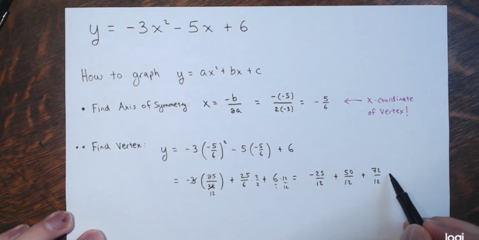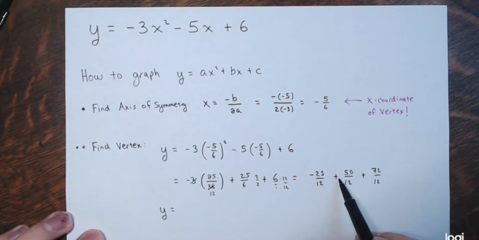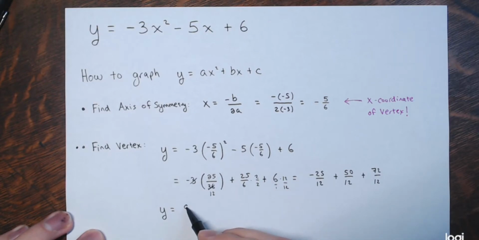We end up with the y-coordinate of the vertex: negative 25 plus 50 is positive 25, and 25 plus 72 would be 97 twelfths.